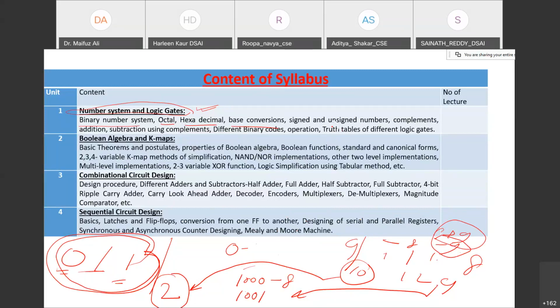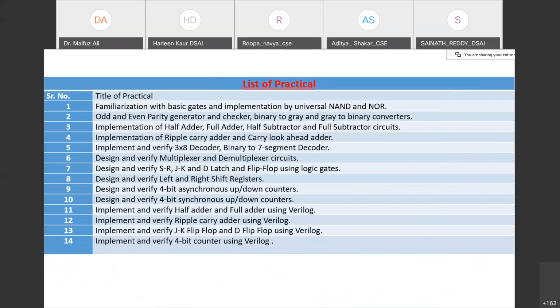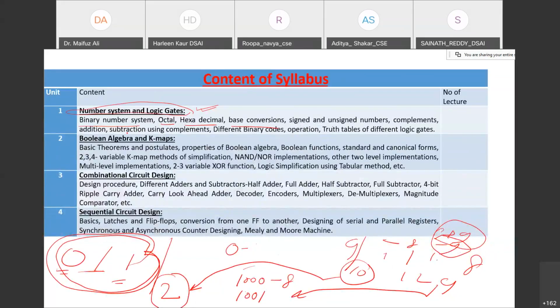And complement, then addition, subtraction, then different types of mathematical operations, how to do addition, subtraction, and different types of logical or mathematical operations.